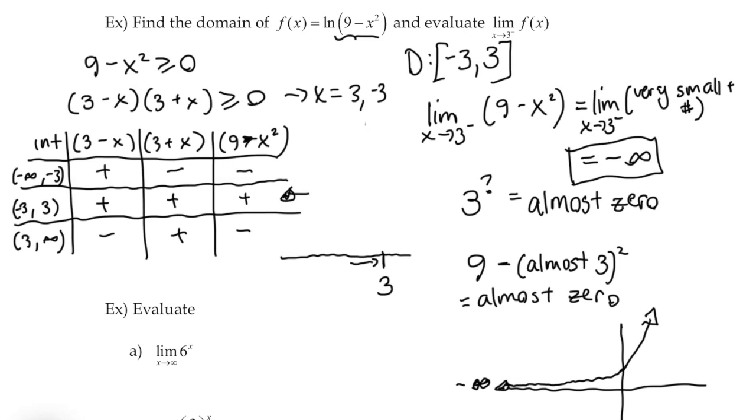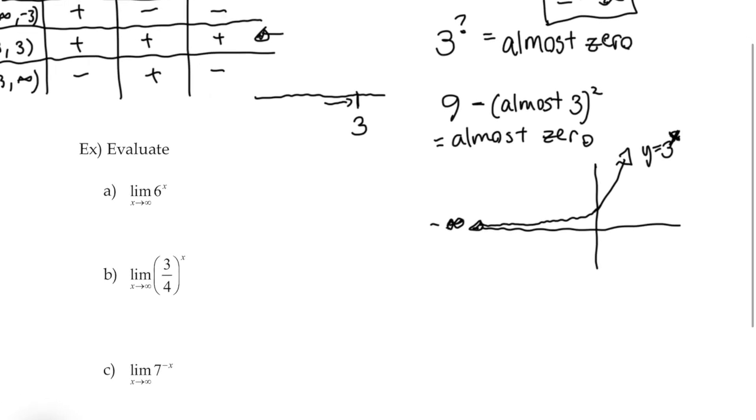So this limit is negative infinity. When you're working with logs and exponents, you're almost constantly thinking back and forth between the two versions, exponential version and logarithmic version. This would be like y equals 3 to the x. Now in terms of these other exponential limits, we actually looked at this a little bit when we were looking at sequences and series.